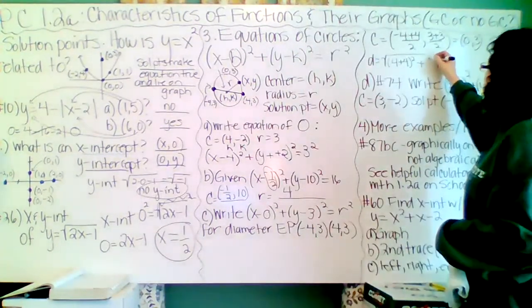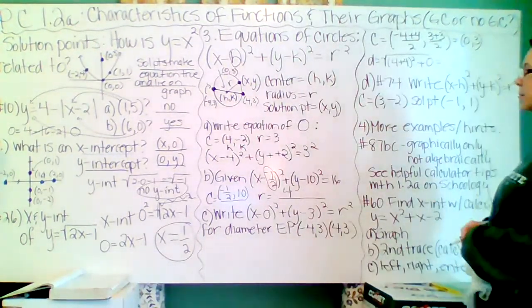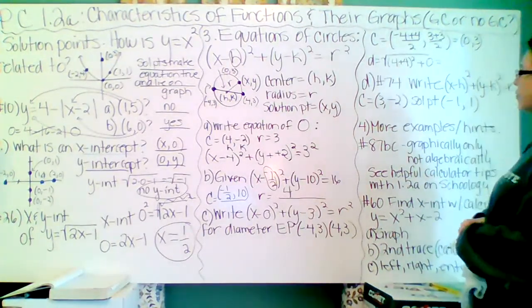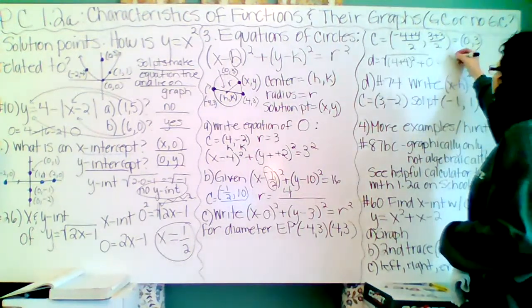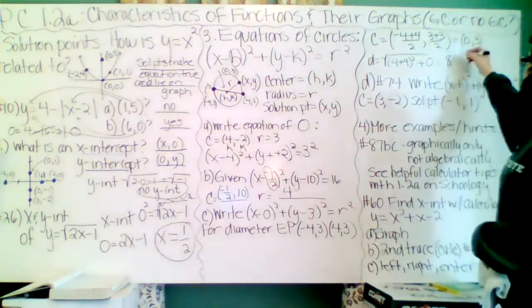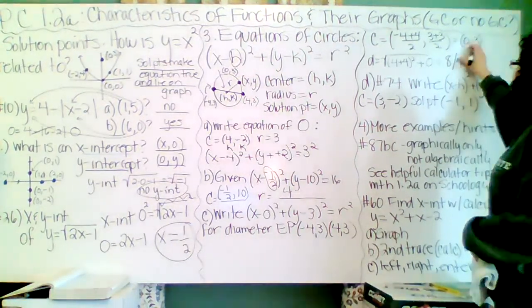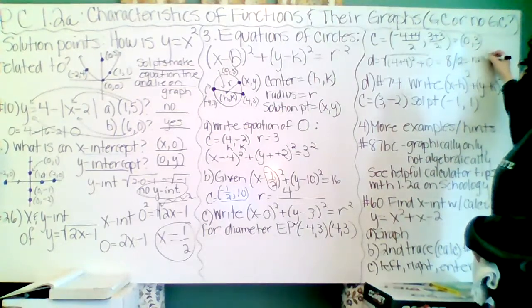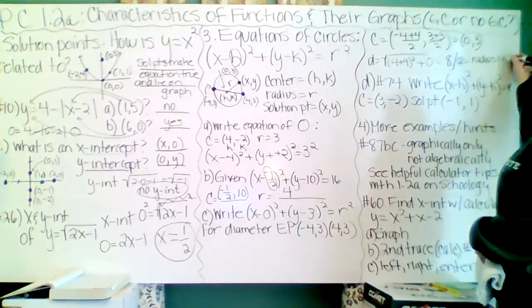Okay, so 0. So using the distance formula for the diameter, we have here 8 squared is 64, and the square root of that is 8. So the diameter has a length of 8, and if I divide that by 2, I get the radius is a length of 4.